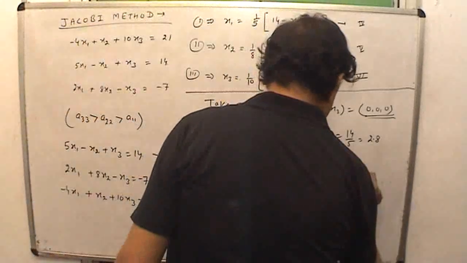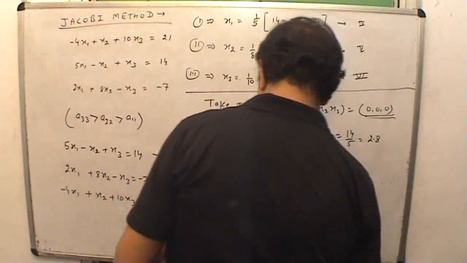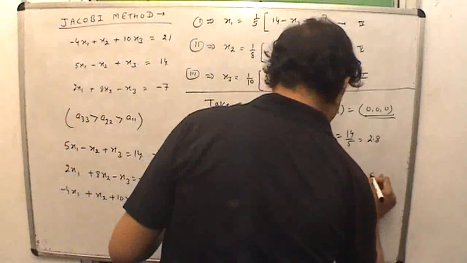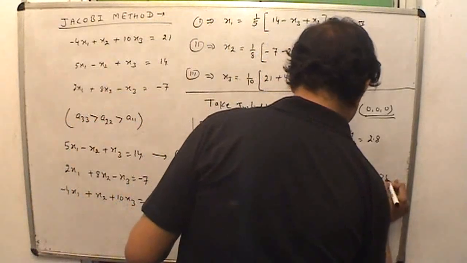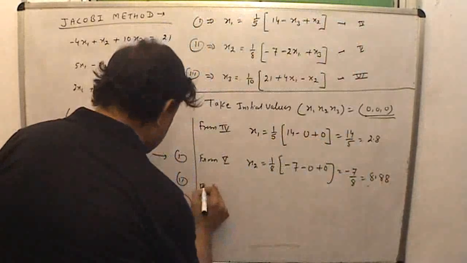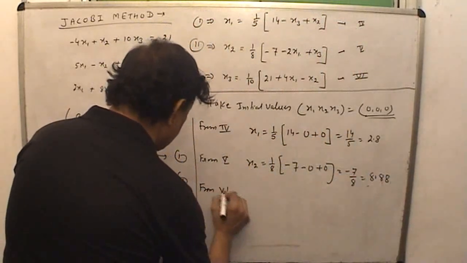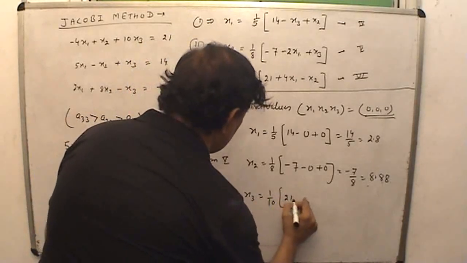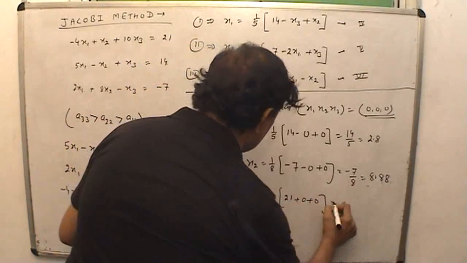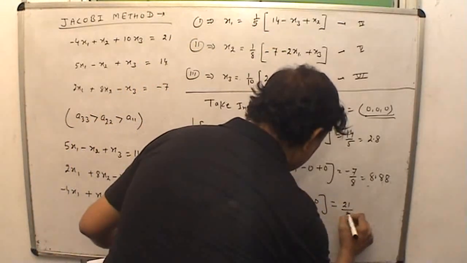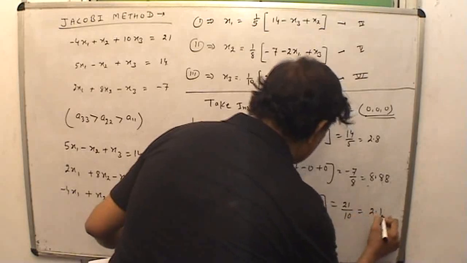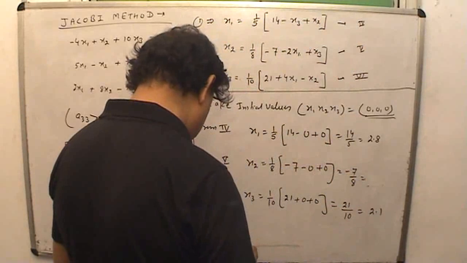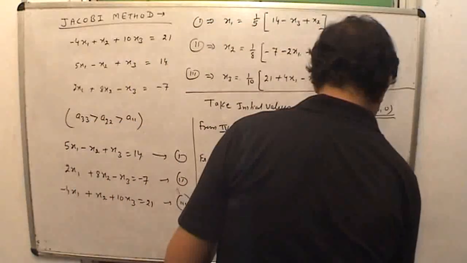That is equal to minus 7 by 8, that is equal to minus 0.88. Then from 6, x3 is equal to 1 by 10 into 21 plus 0 plus 0, which is 21 divided by 10, that is equal to 2.1.